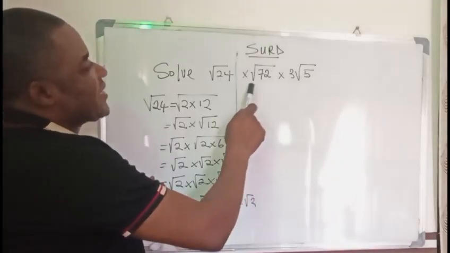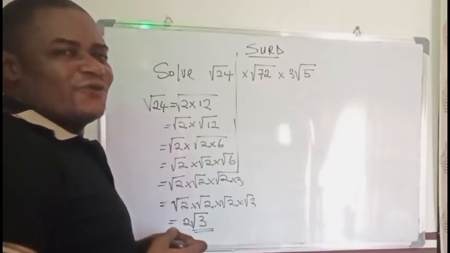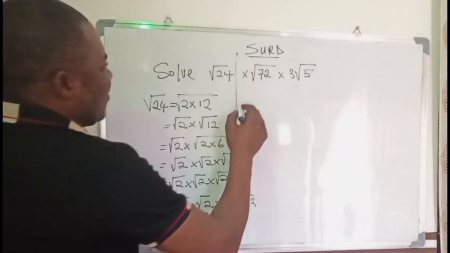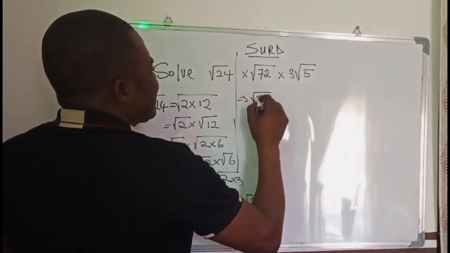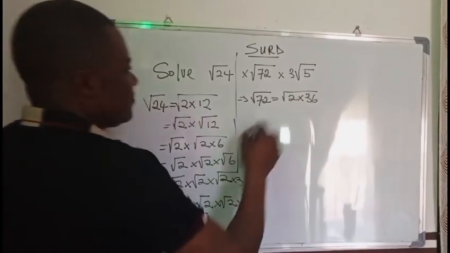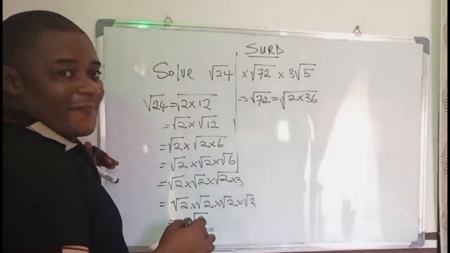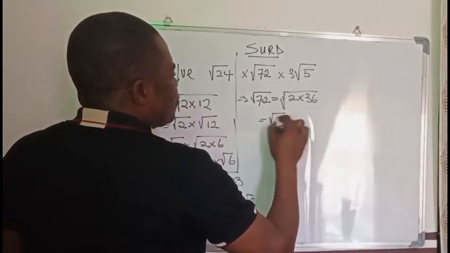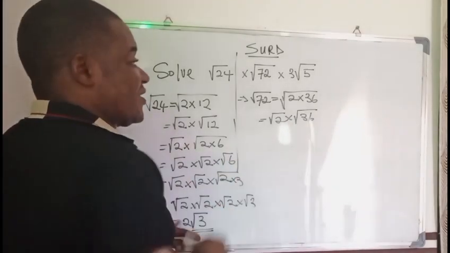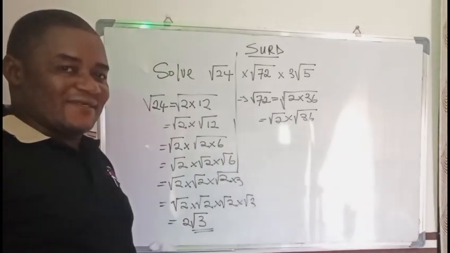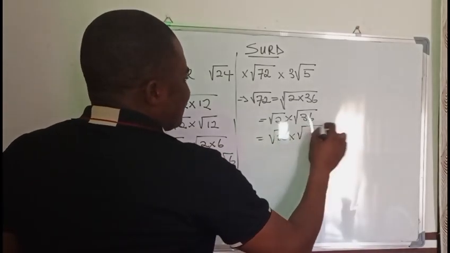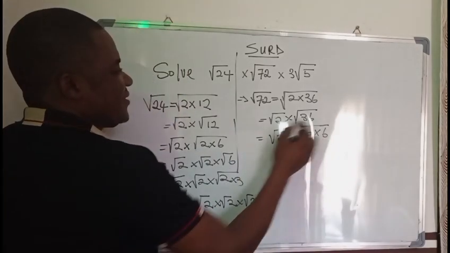Now, we look at surd 72. Do you know that 2 times 36 is 72? Okay, so it means that surd 72 can be surd 2 times 36. And so this can give us surd 2 times surd 36. But we can still sort out surd 36 because I know that 6 times 6 is 36. So we can still have surd 2 times surd 6 times 6 to represent 36.